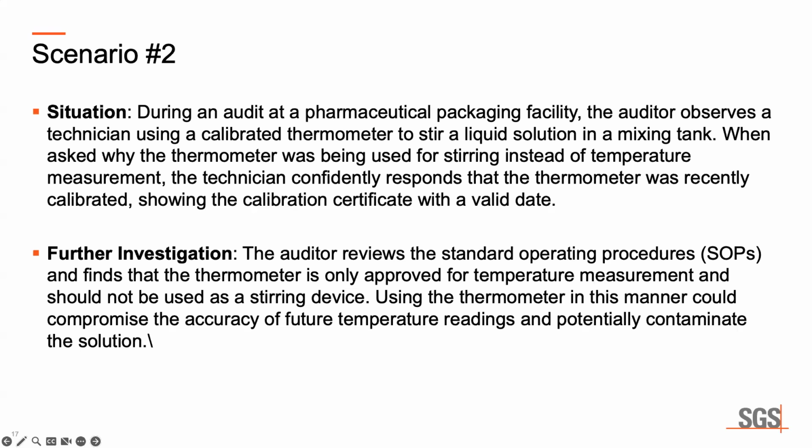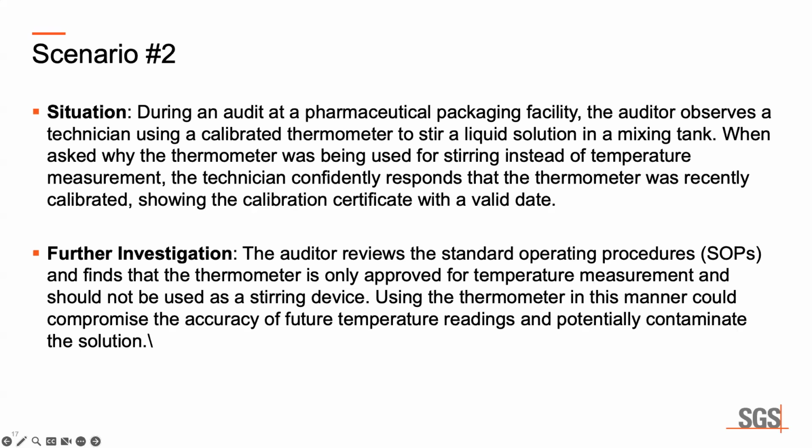So the answer is yes, this is a nonconformance. And the reason it's a nonconformance is similar to scenario number one. First of all, a thermometer is never to be used as a stirring device. Thermometers have mercury in them, especially if you're thinking about the glass thermometers. And the last thing you want is to have a breakage in your system or in the mixing tank, as an example, or in a mixing beaker, where you now have to get rid of all of that.